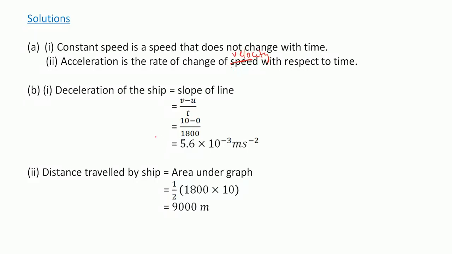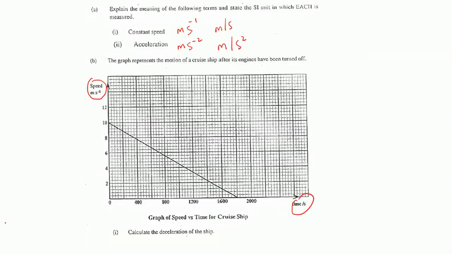Alright, okay, so deceleration of the ship is simply the slope of the line, and we will use v minus u over t, in which case if we go back to the graph, your initial speed u is equal to 10, because I can read this off right here, and your final velocity or final speed is 0.